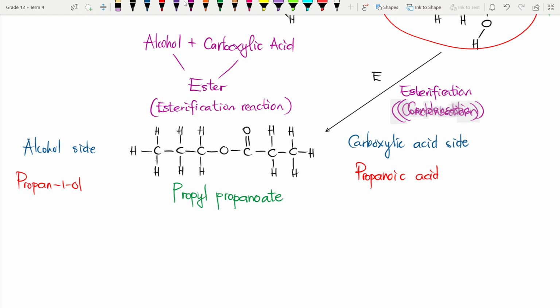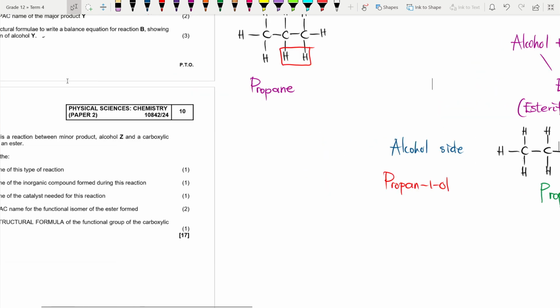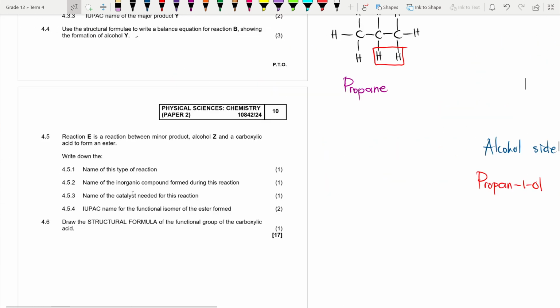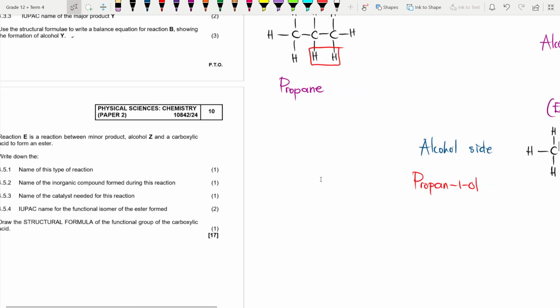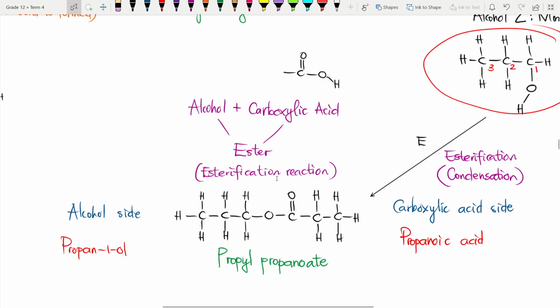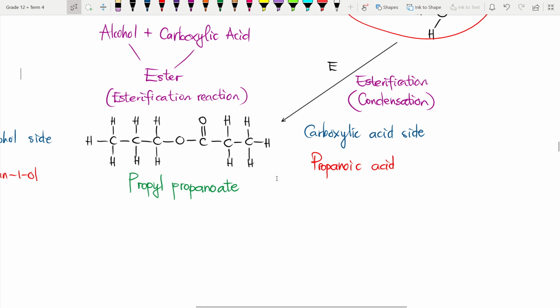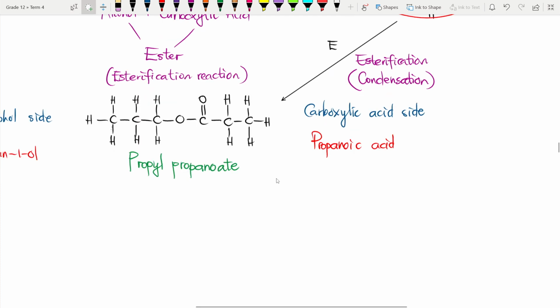Okay, so then we move on to 4.5.2, which says name of the inorganic compound formed during this reaction. Inorganic compound is a byproduct that is not really organic. So if you go to esterification notes in your book, I'm just trying to be quick because our time is out.